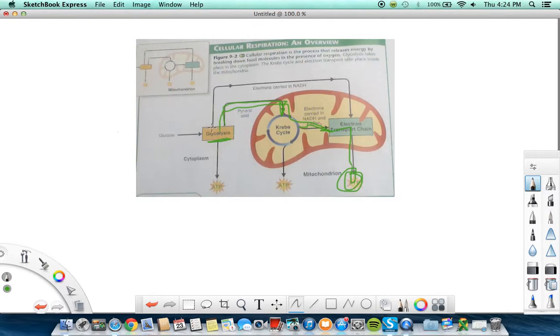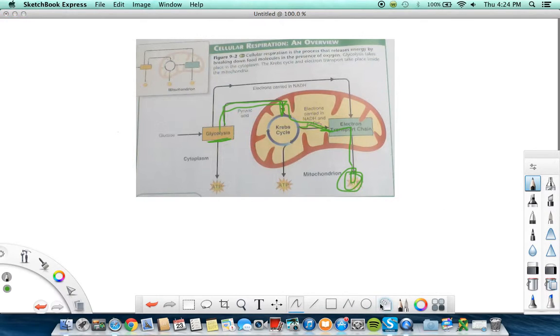But if you do not have oxygen at that time, then it goes on to fermentation. There are two types of fermentation: lactic acid and alcoholic. They make alcohol or lactic acid. Lactic acid gets made in your body. But cellular respiration is mostly about the oxygen cycle.